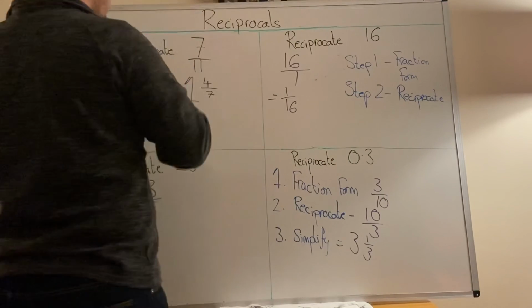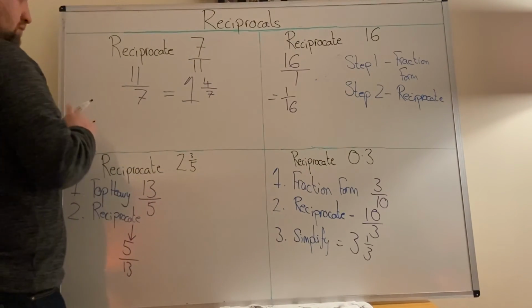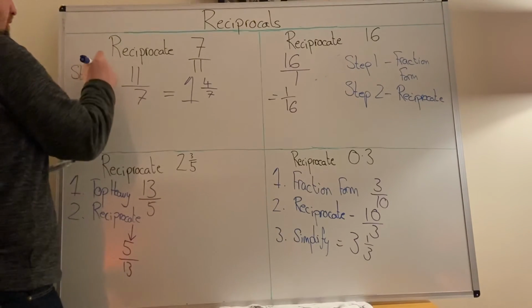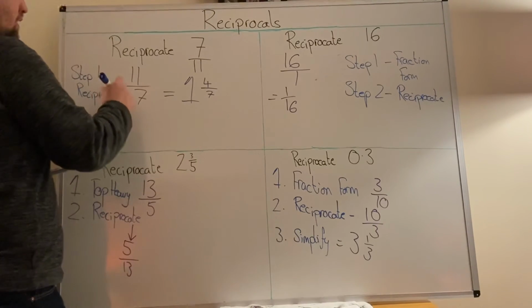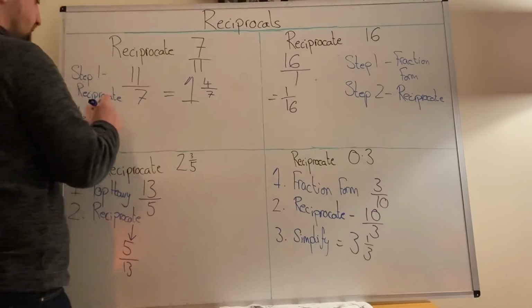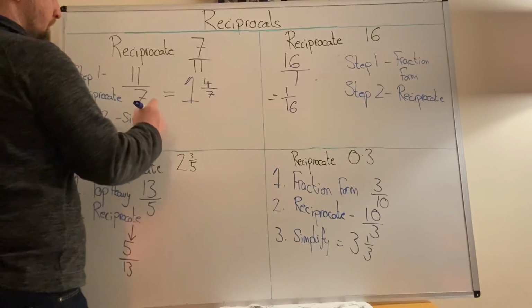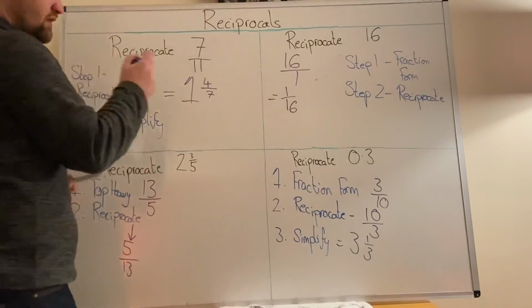And on the earlier one, step 1, you are going to reciprocate first, and step 2 is simplify. And when I say simplify, we had a top-heavy answer there, so we need to convert it into a mixed number.